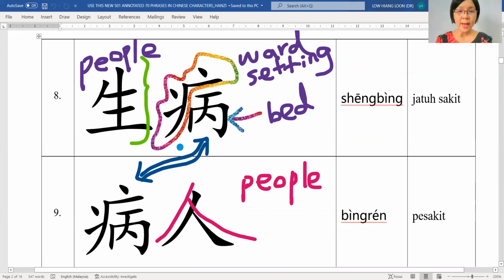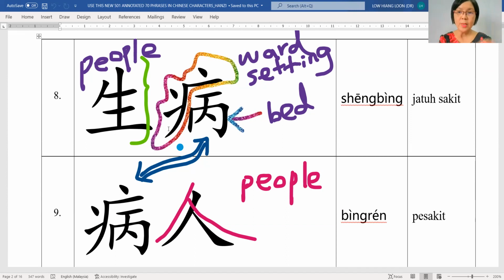The second character is like a hospital, the ward setting. This one looks like the bed in the ward. And then the side, these are the facilities like oxygen, like the glucose strip that we have beside the bed in the ward. It means that this person falls sick, 生病.